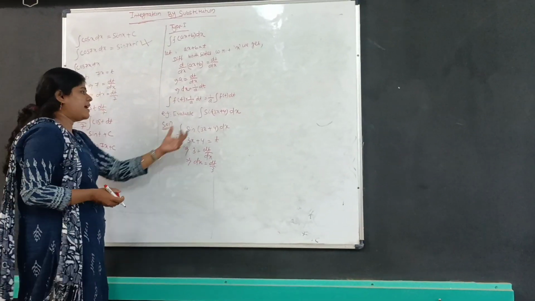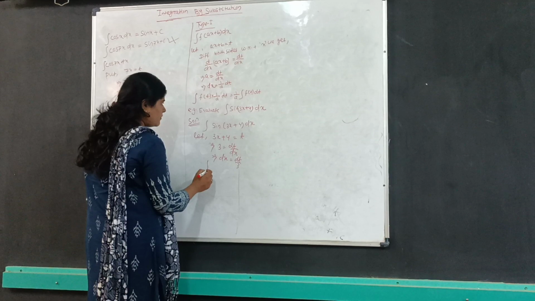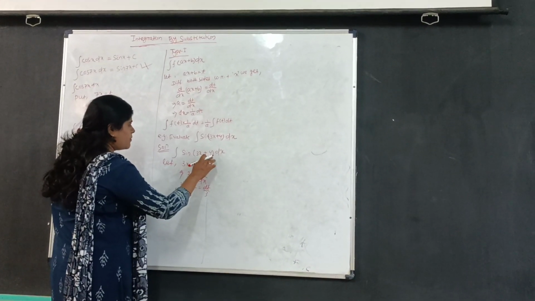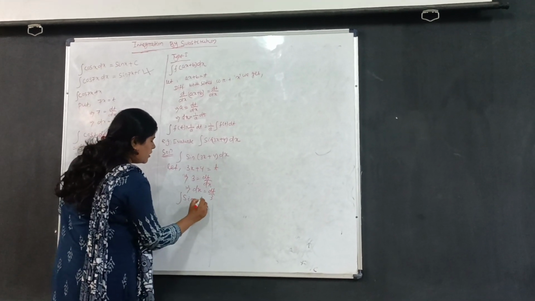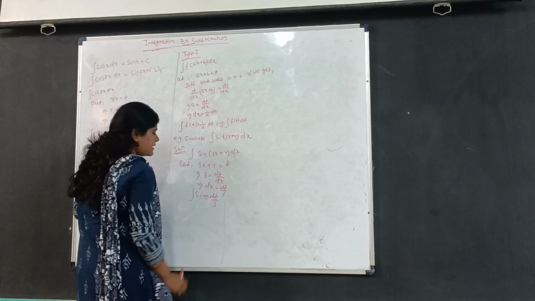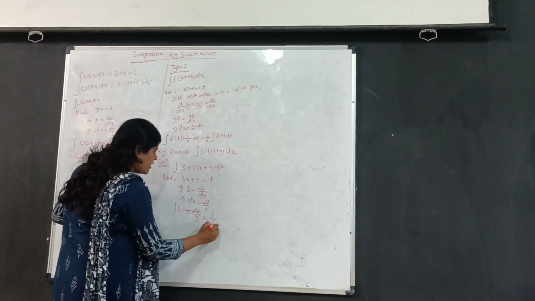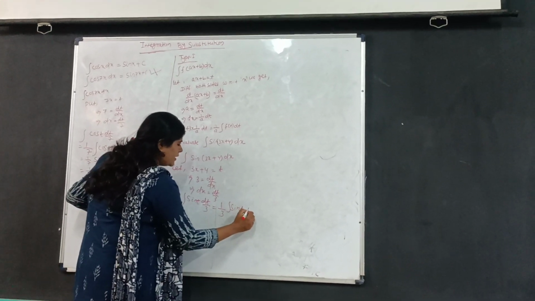Then this integral is converted to integration of sin, where 3x plus 4 we put t, and where dx we put dt by 3. Since 1 by 3 is a constant, take it out, and it is converted to 1 by 3 integration of sin t dt.